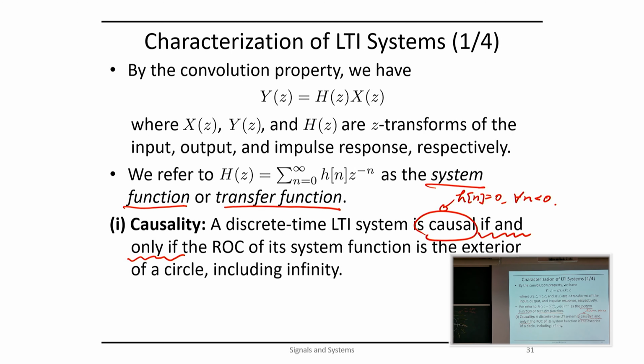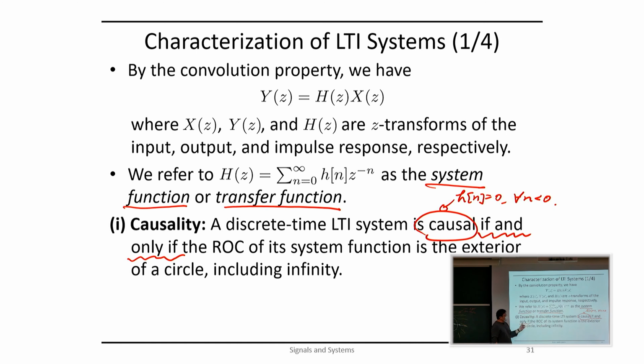This is a two-directional statement. In Laplace transforms, it was only one-sided: if a system is causal, the ROC is the right half plane, but if the ROC is the right half plane, we cannot directly say the system is causal.